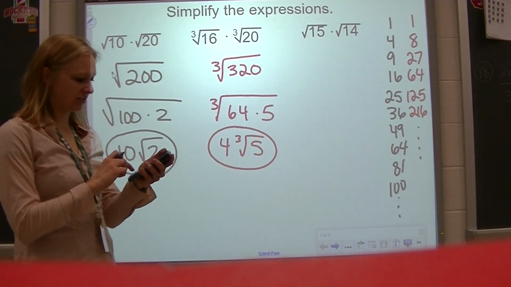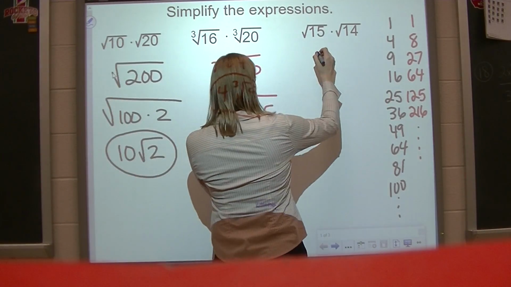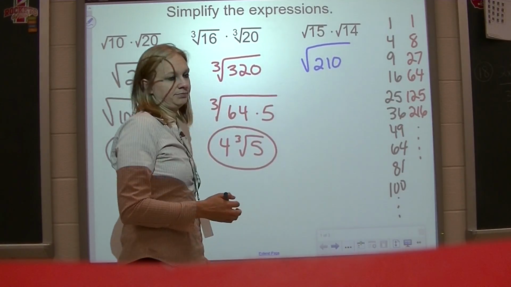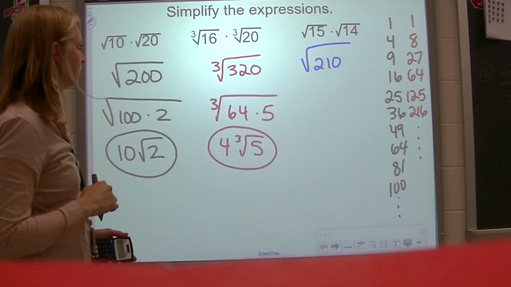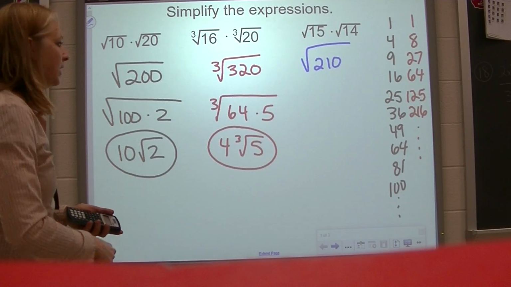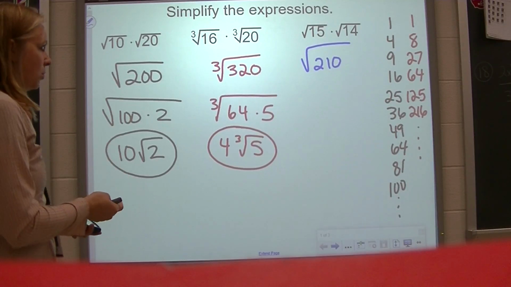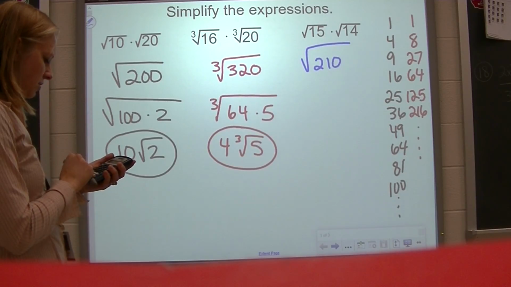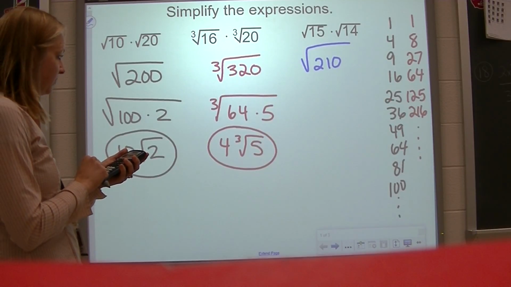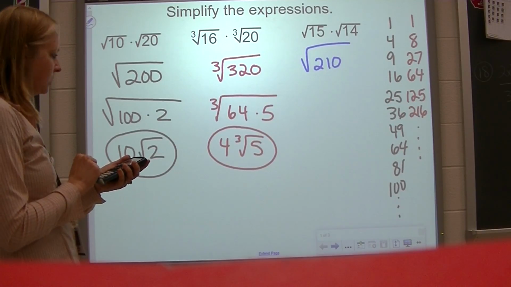And here 15 times 14, again they're both square roots, so we can do it. So we have the square root of 210. Alright, so 100, well I guess 210 divided by 2 is 105. That doesn't work. 100 won't work. 81 might, probably not though. Nope, doesn't work. Let's try 64. Also doesn't work.